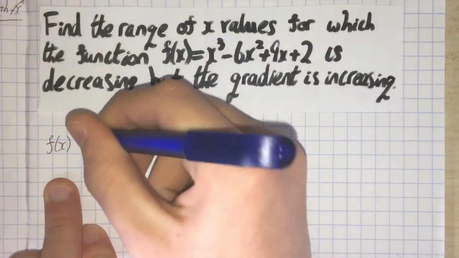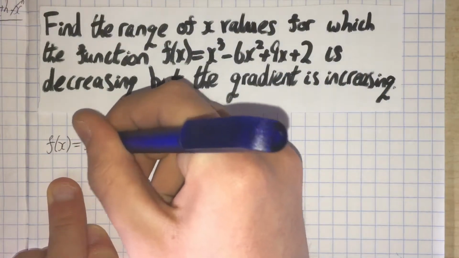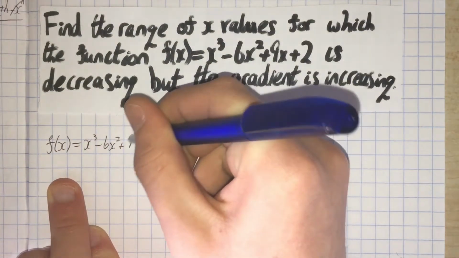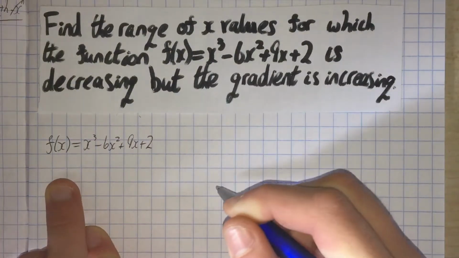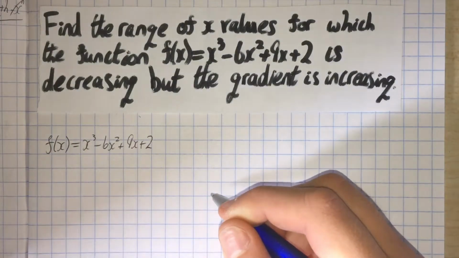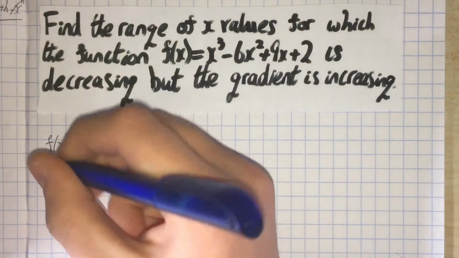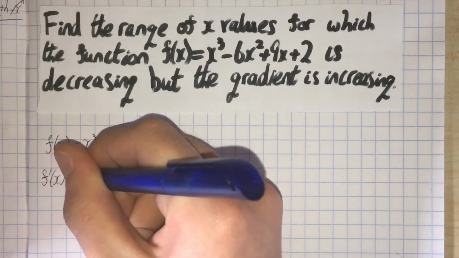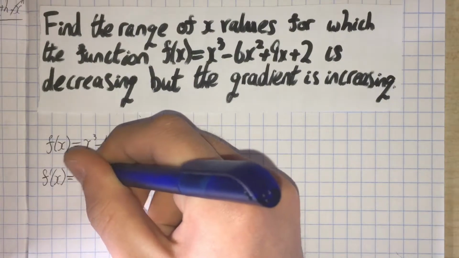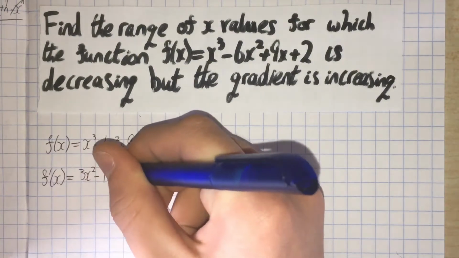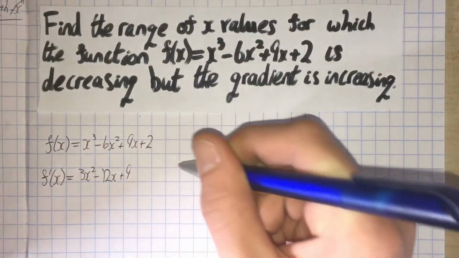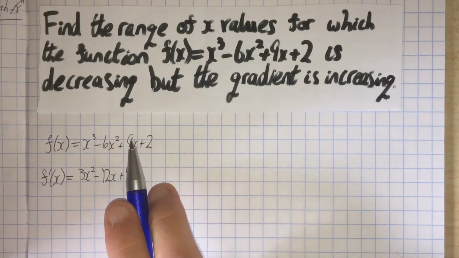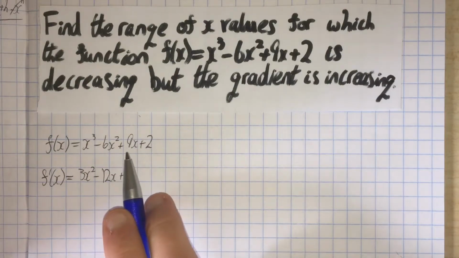f of x equals x cubed minus 6x squared plus 9x plus 2. Now, we don't need to do any simplifying here, so we can just right away establish that f dash of x is equal to 3x squared minus 12x plus 9 from differentiating this right here.